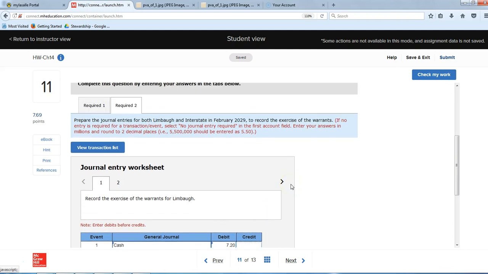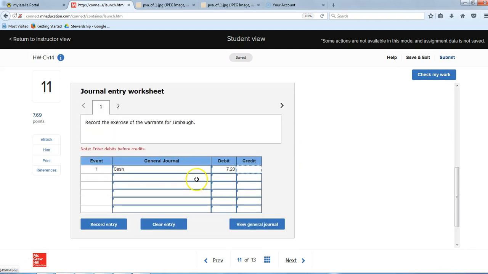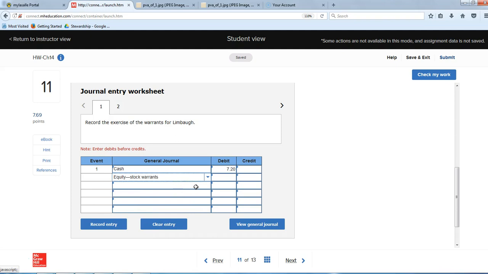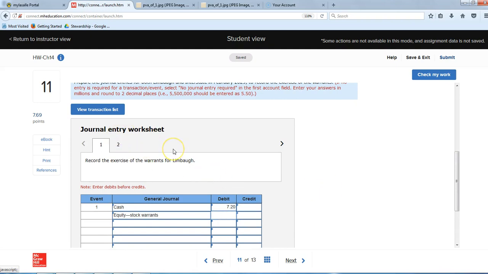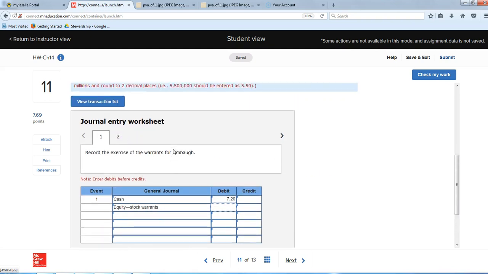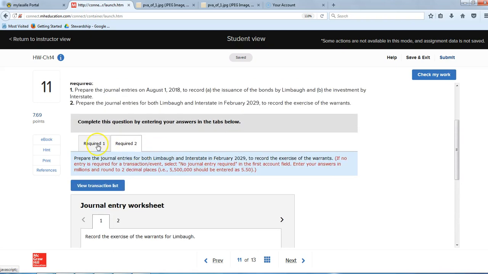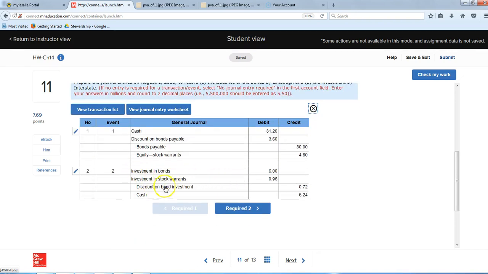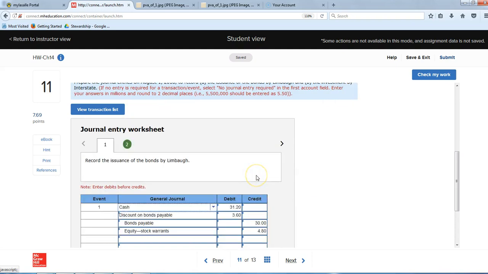Then, since the warrants are exercised, we no longer need the equity stock warrant account. So move a credit account to the debit side to write it off. Previously, Limbo, Interstate, not Limbo. Interstate has stock warrants of 0.96 million.